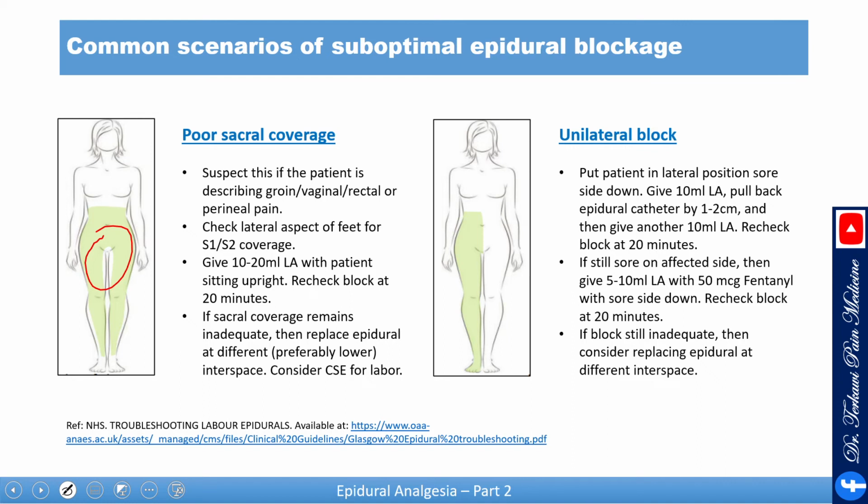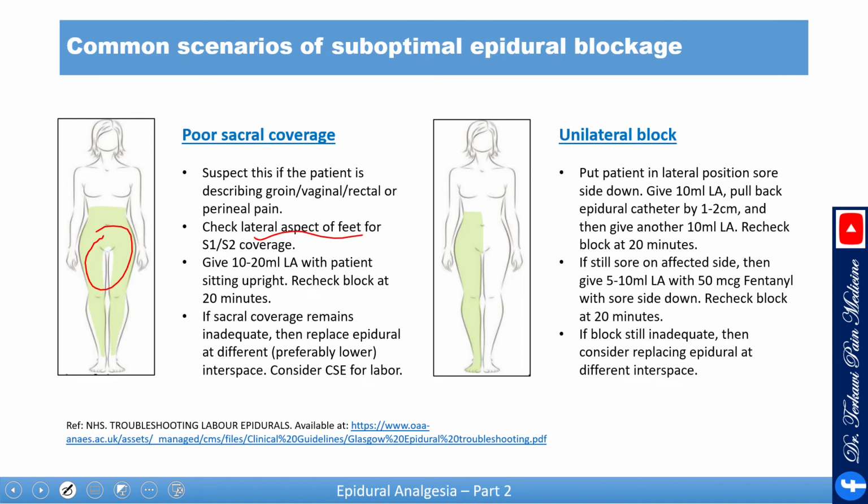The closest way to examine that area is to test the lateral aspect of the feet, which is covered by S1, so it's closer to the perineal area. Then give 10 to 20 ml with the patient in the sitting position, and recheck after 20 minutes. If it's still a problem, then you may need to reconsider placing the catheter at a lower level.